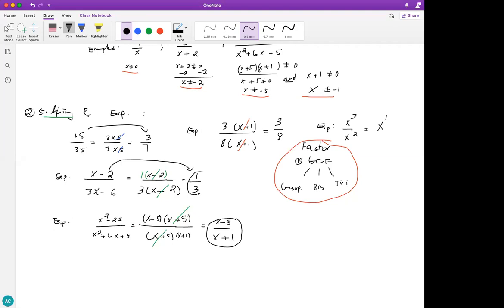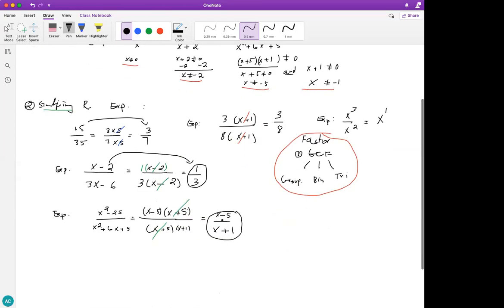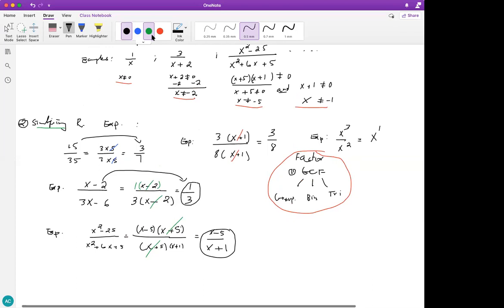For this one, it was 1 over 3. So you may end up with a fraction without variables, or the variables could still be there, but it's not a problem. Just simplify it as much as possible. So that's basically the idea of simplifying rational expressions.